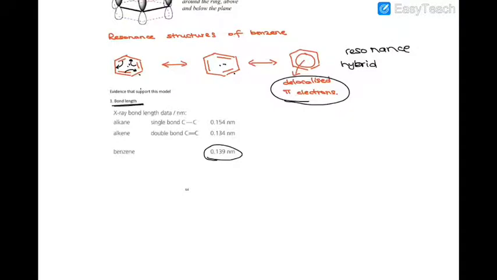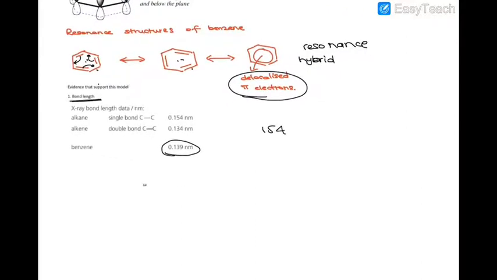If it was a single bond, it's 0.154 nanometers. If it's a double bond, it's 0.134 nanometers. But when you look at the bond in benzene, it's 0.139. So it's intermediate between a single bond and a double bond.